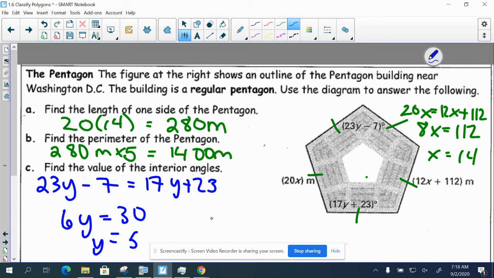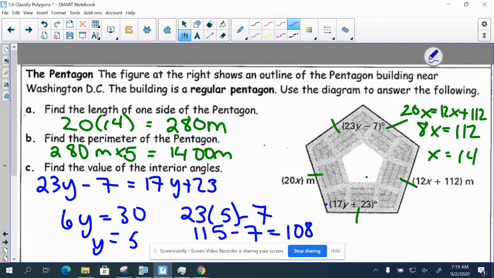Plug it back into one of the expressions. So 23 times 5 minus 7. Oh, goodness. Can we do mental math? 25 times 5 is 125, minus 10 is 115. Minus 7 is 108.